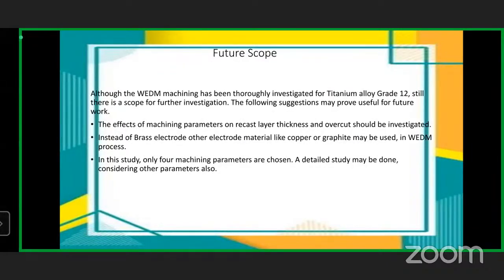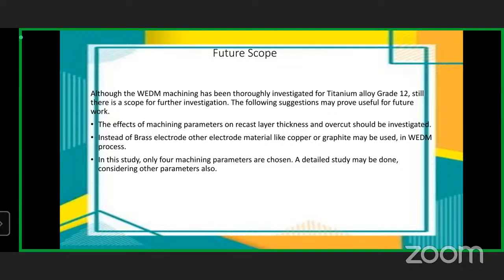Here is the future scope. Although wire EDM machining has been thoroughly investigated for titanium alloy grade 12, there is still scope for future investigation. The following suggestions may prove useful for future work.